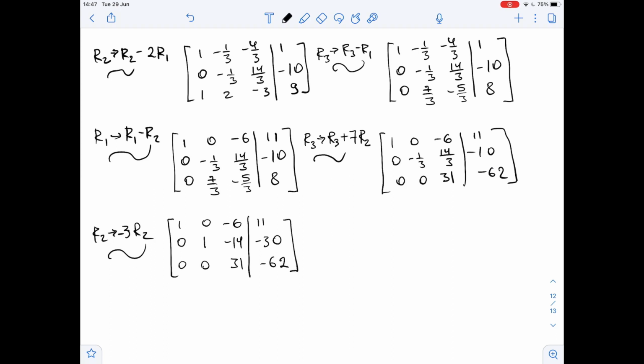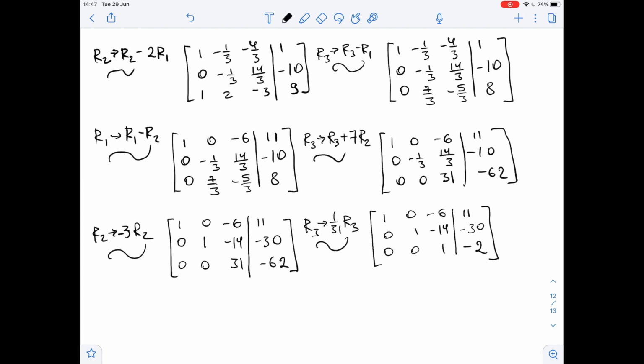Now we will divide row 3 by 31. So row 3 becomes 1/31 times row 3. So now our matrix looks like this: 1, 0, -6, 11, 0, 1, -14, -30, 0, 0, 1, -2.